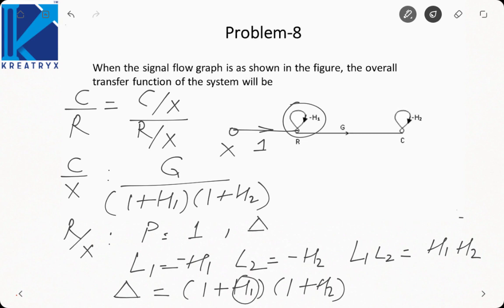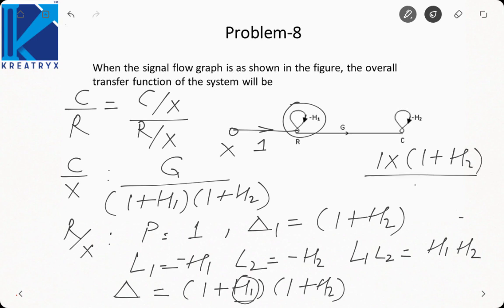That means what I would be left with is 1 plus H2. Here you need to make H1 equal to 0, so we have removed H1, we are left with 1 plus H2. So gain would become 1 into 1 plus H2 upon whatever is our delta. Okay, so that would be my R by X.